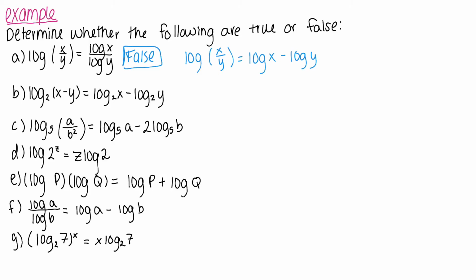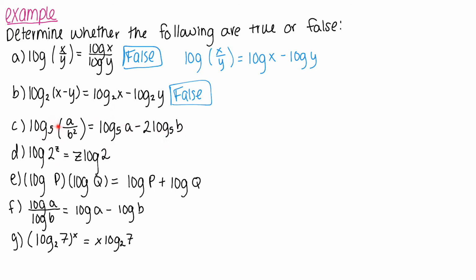All right, this next one looks like we just took the log base 2 and split it up over them, and we can't do that. That's a false right there. So what is true, if you had division, you can separate it into subtraction, but you can't just separate the log base 2 like that.